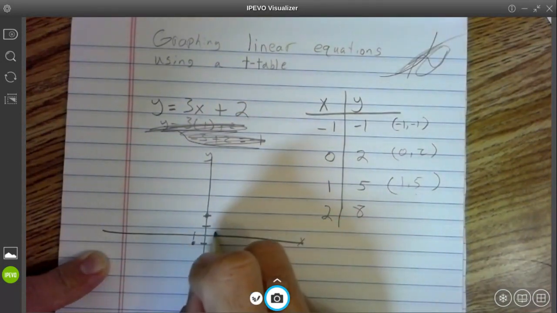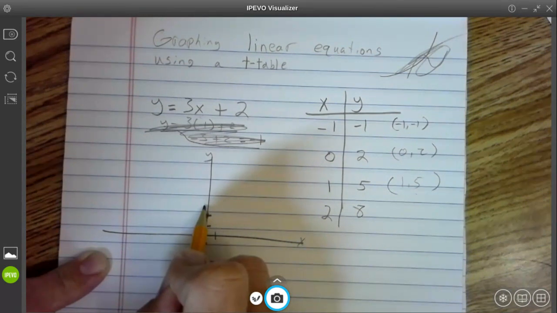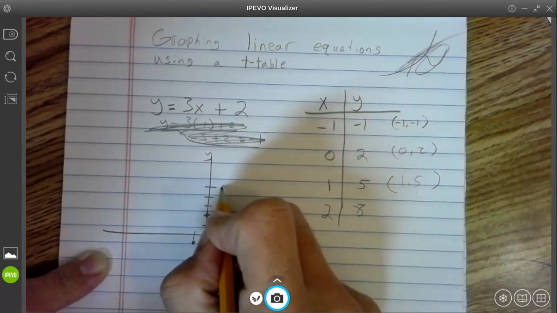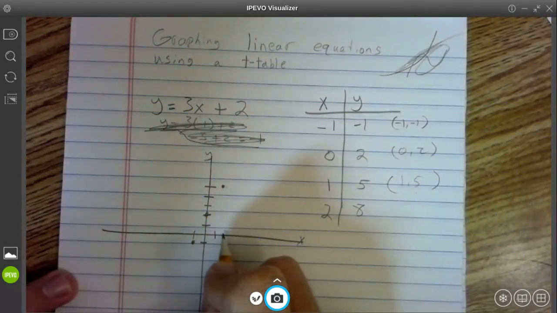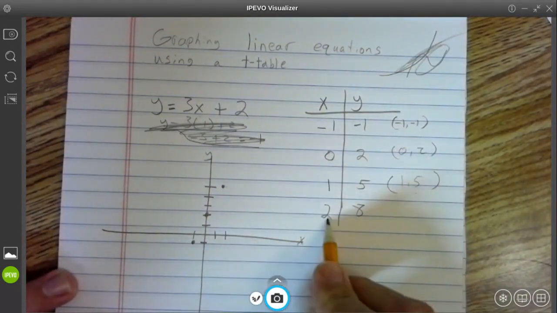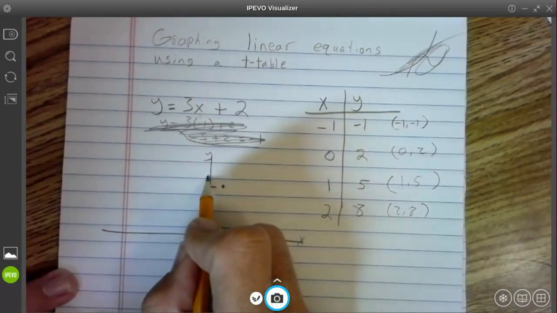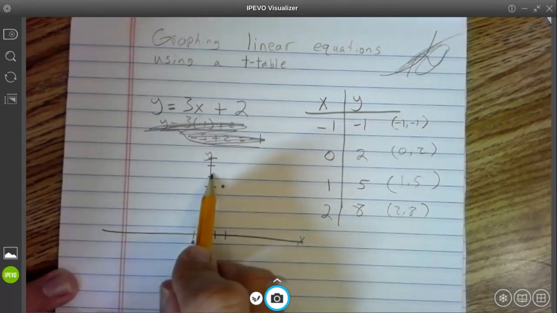That'll be enough. 1 for x, and then 5 up. 1, 2, 3, 4, 5. I guess I can go ahead and do this one. So 2 for x and 8 for y. Let's see here. 1, 2, 3, 4, 5, 6, 7, 8.